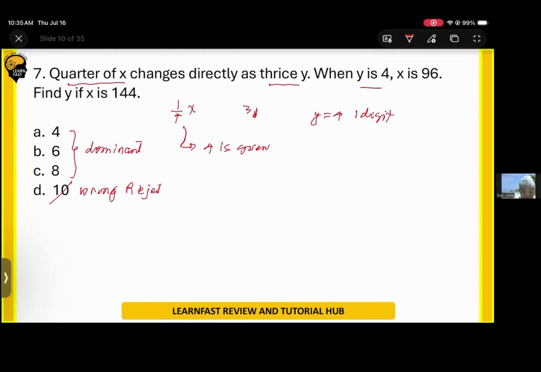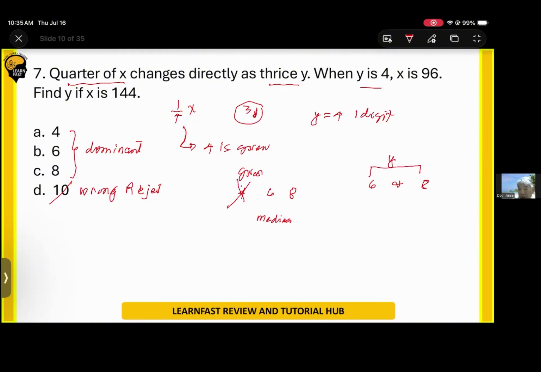Once you reject option D, you would see the 3 options left can be arranged from lowest to highest. So this is your median. And 4 is invalid because it is given. So you have to choose now between 6 and 8. But it says there 3y, so these are possible values of y, 6 or 8.